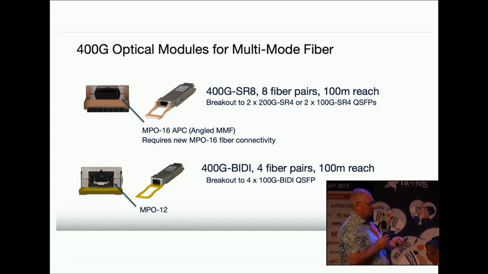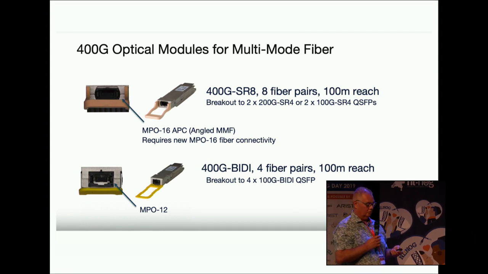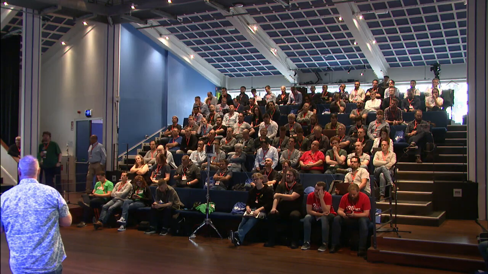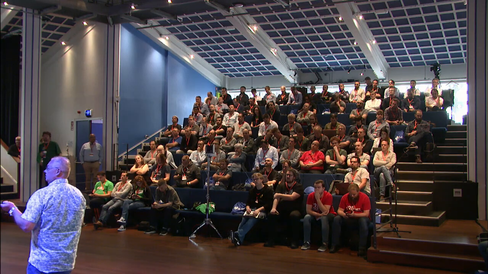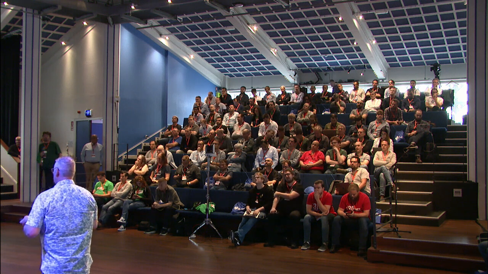There are a couple of options. For instance, you can break out the SR8 to 2 times 200 gig, or there is this BiDi interface. We already have probably a lot of you using the 100 gig E BiDis. There is a breakout from 400 gig E BiDi to 100 gig E BiDis.